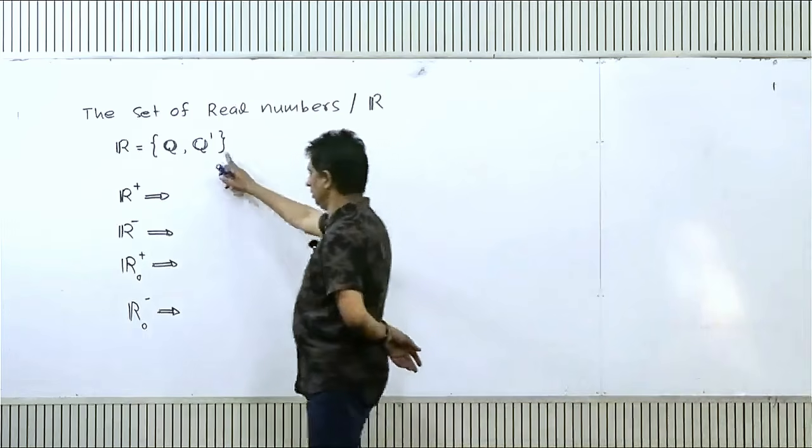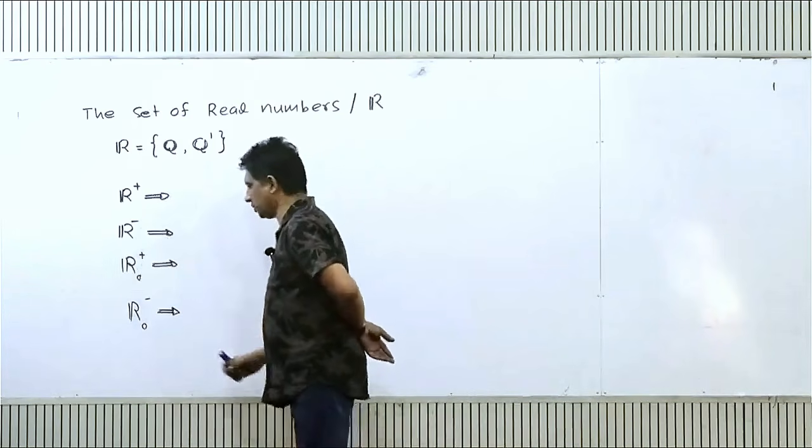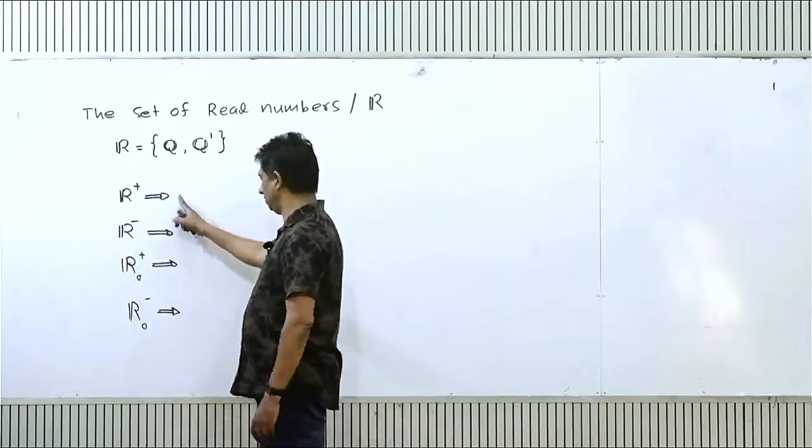Now write this one. These are the four types of subsets. What is the name of this one?